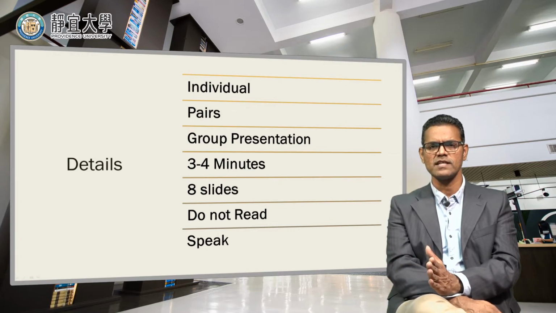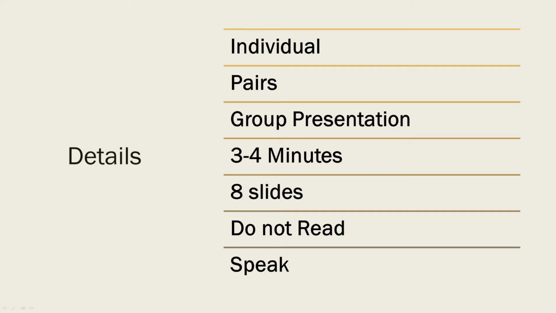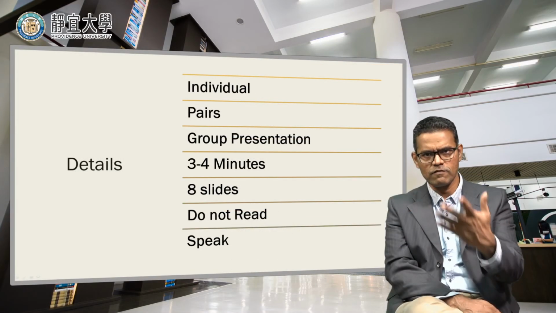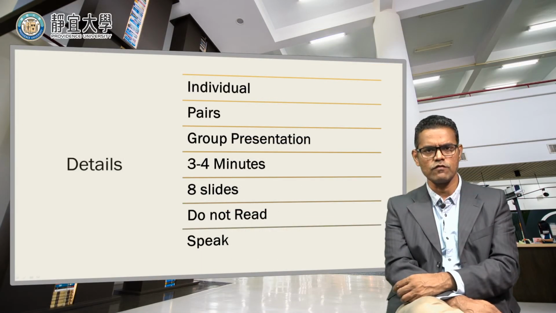Minimum 8 slides, but it should not exceed, let's say, 12 slides. Because I don't want you to spend too much time looking for pictures. I want you to practice, even with a small number of slides, you should be able to speak for 3 to 4 minutes, okay?